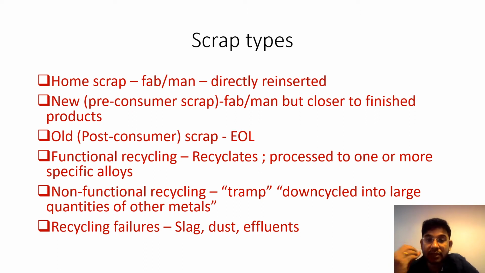And then you have what's called non-functional recycling. So now here we come back to the concept of tramp elements. What are tramp elements? So for instance, copper in steel production is not really, let's say, desired, and usually you have in a lot of products copper being combined together with steel, okay?